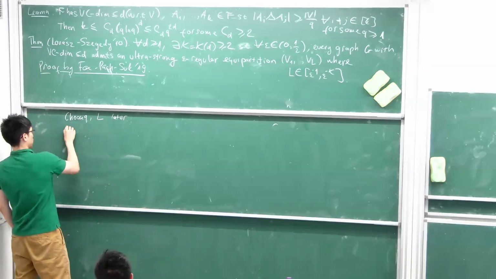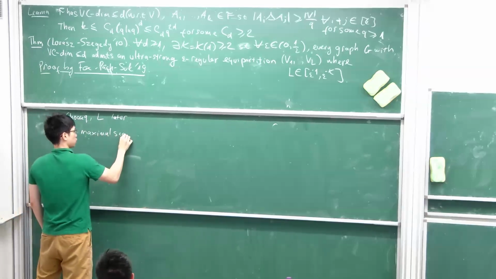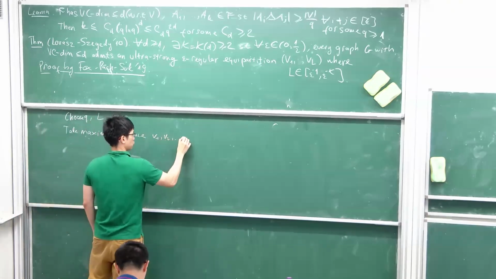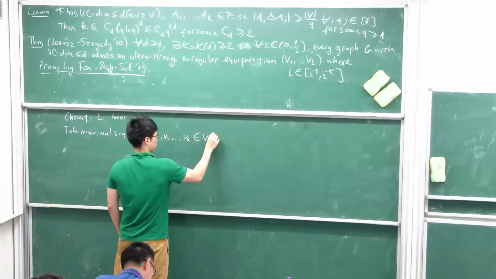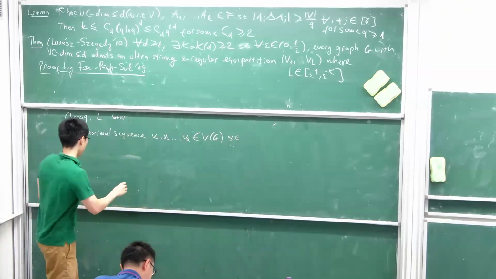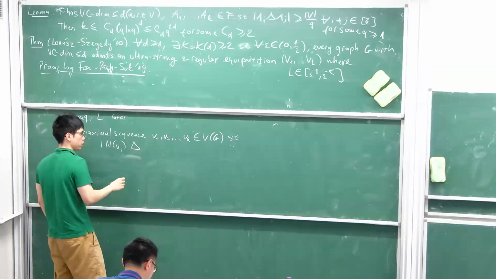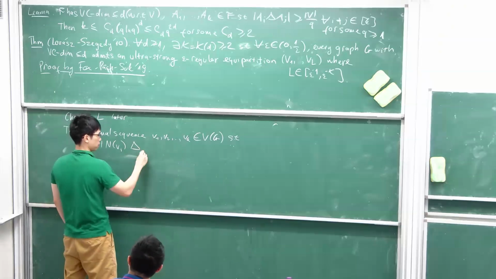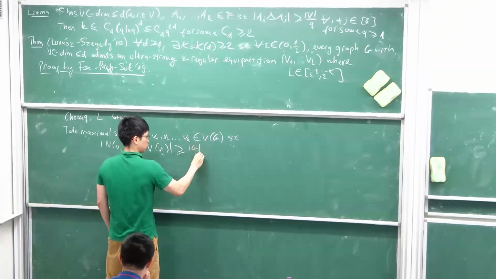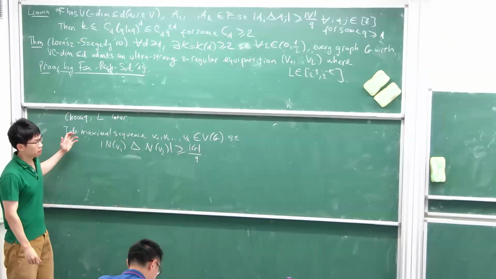So I'm going to take a maximal sequence of vertices, let me say v1, v2, v3, and so on, from G, such that the symmetric difference of the neighborhoods of every two of them is at least the number of vertices in G divided by Q. Just take a maximal sequence.